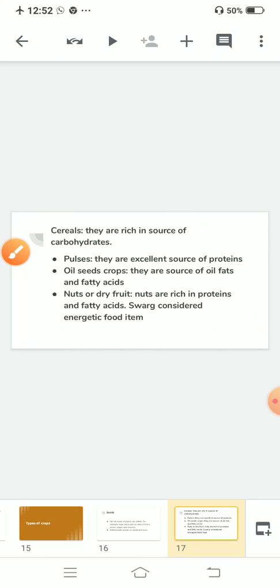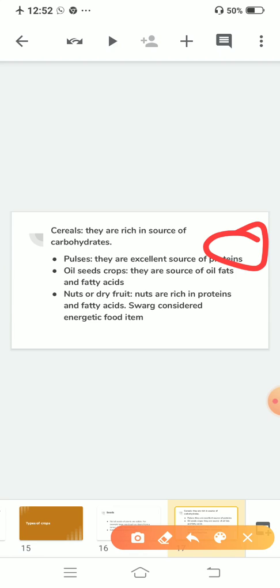Now, cereals. Different types of seeds we are eating are all rich in different things. For example, cereals are rich in carbohydrates. Pulses are rich in protein. Oil seeds are rich in fats and fatty acids.